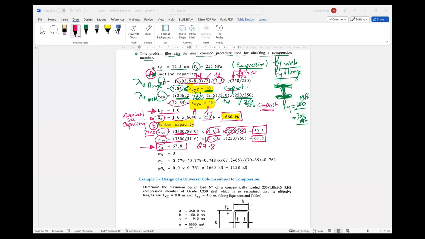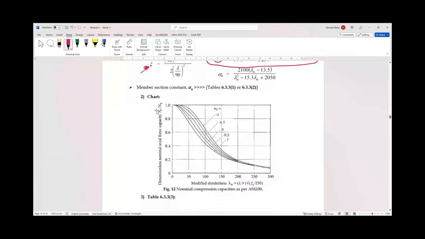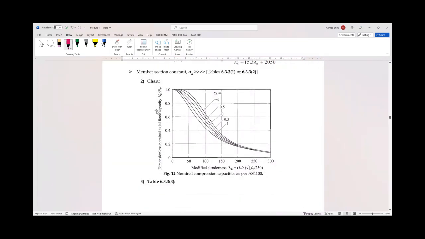So we have two options to find alpha c. The first one is after we got lambda n, we substitute to get alpha a and get finally lambda n and then zeta and then alpha c. The other option is to use the chart. As you can see here, we have also a chart.